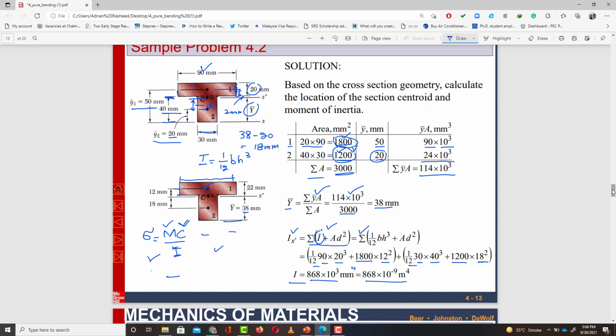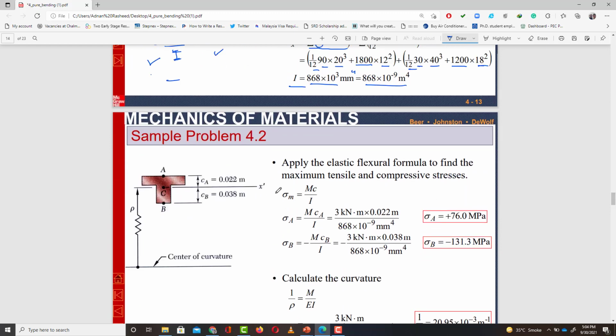So we will first find the maximum stress which is at the outer surface at point A. As we know, maximum stress is equal to Mc over I. We have M, we have I, we will now check the value of c. You can see that this c is at a distance of 38 mm.